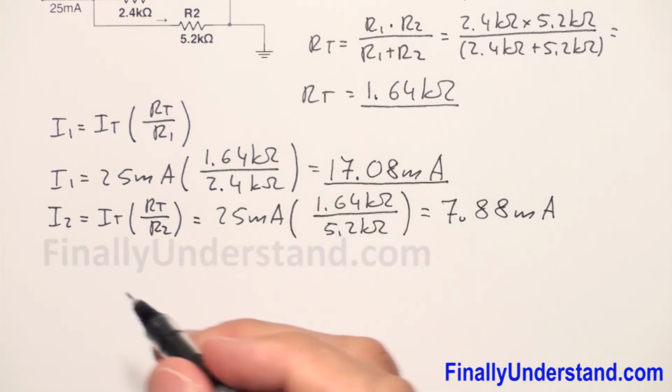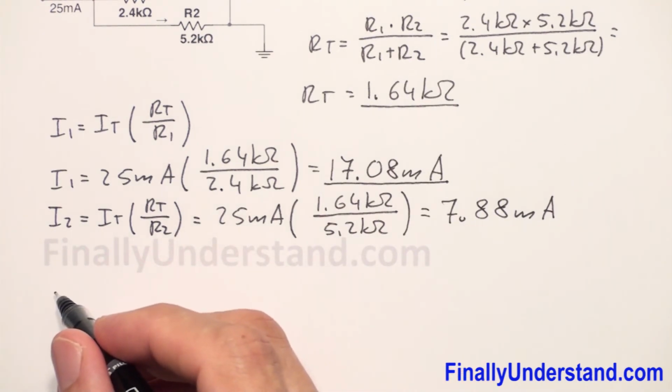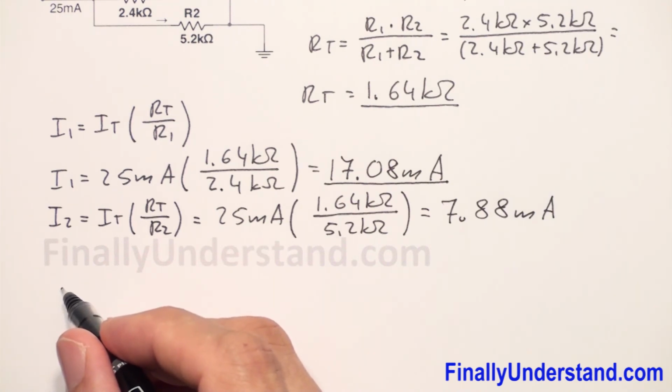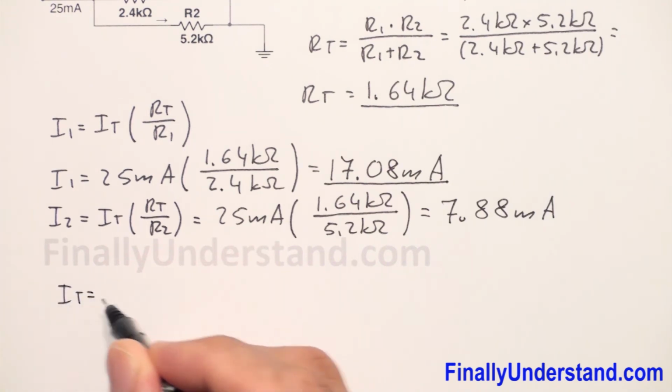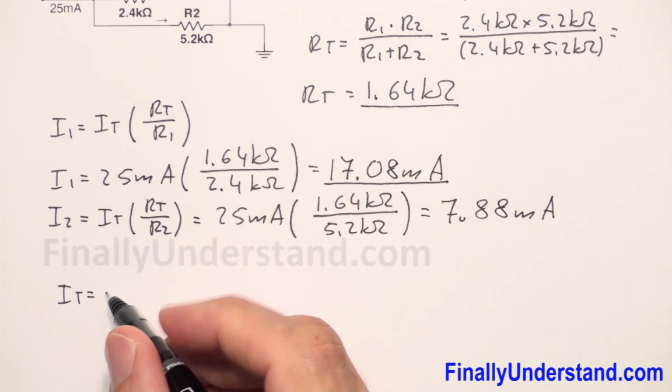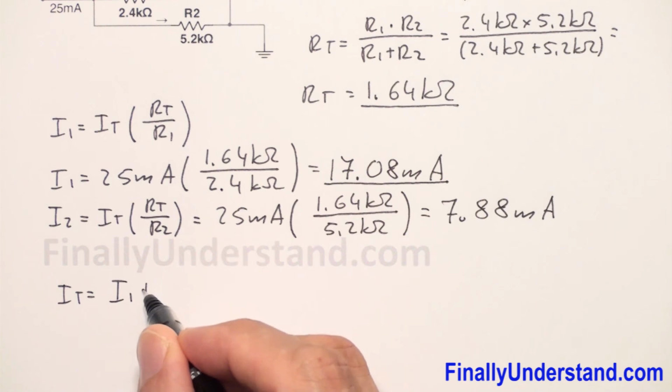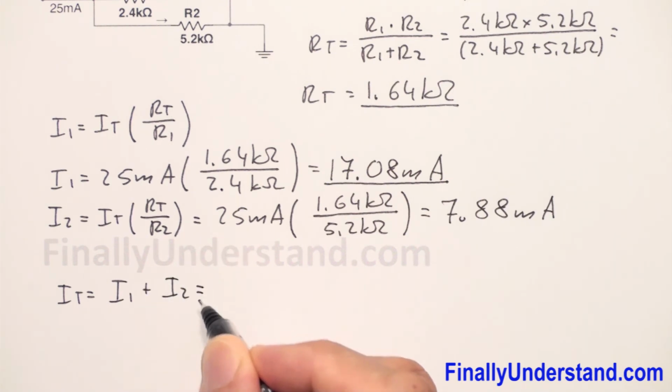In order to check it, I'm going to use KCL, Kirchhoff's current law. Kirchhoff's current law says that I total is equal to the sum of the currents in the circuit. Okay, so we have I1 plus I2.